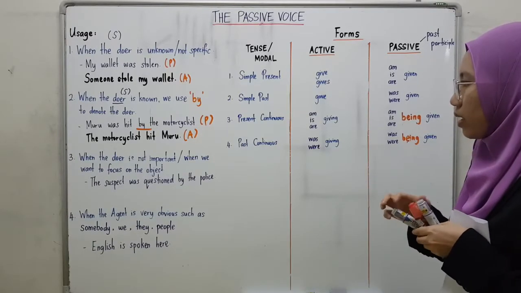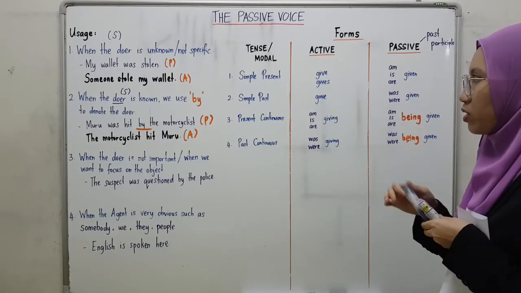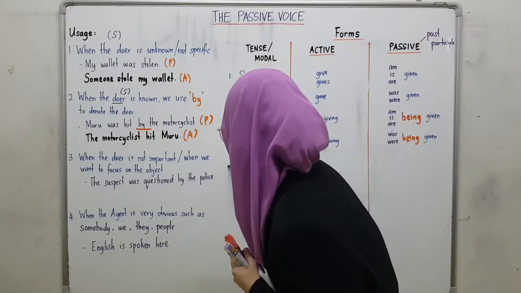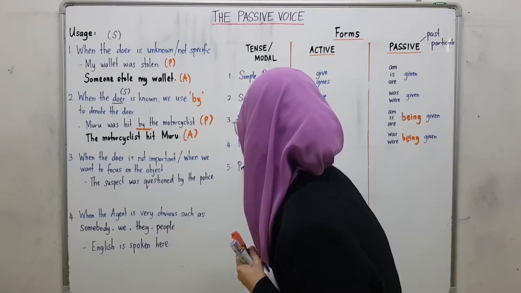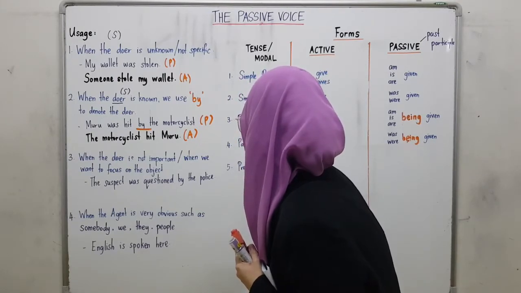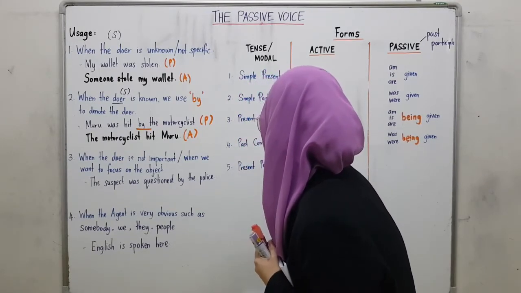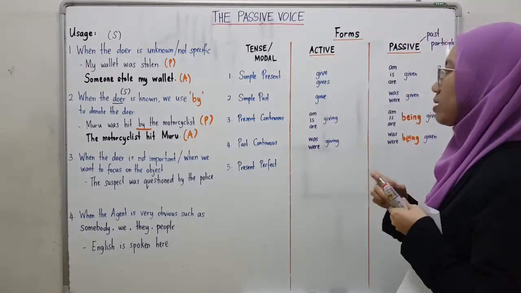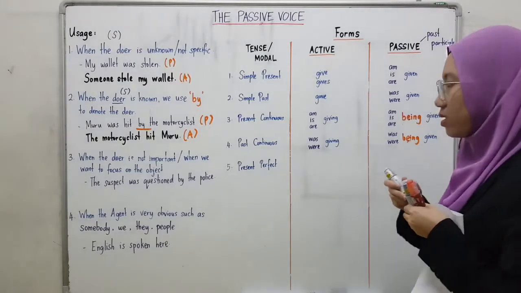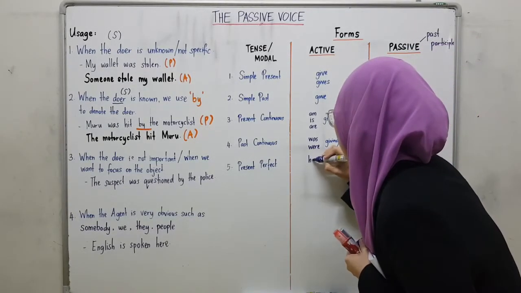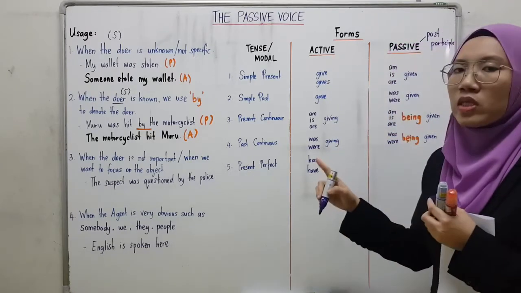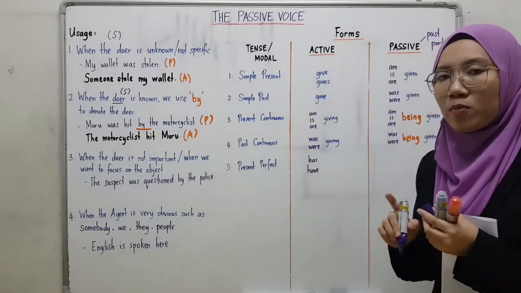Okay, next, when you want to use present perfect tense. Present perfect tense uses has or have. Has is for singular, have is for plural.